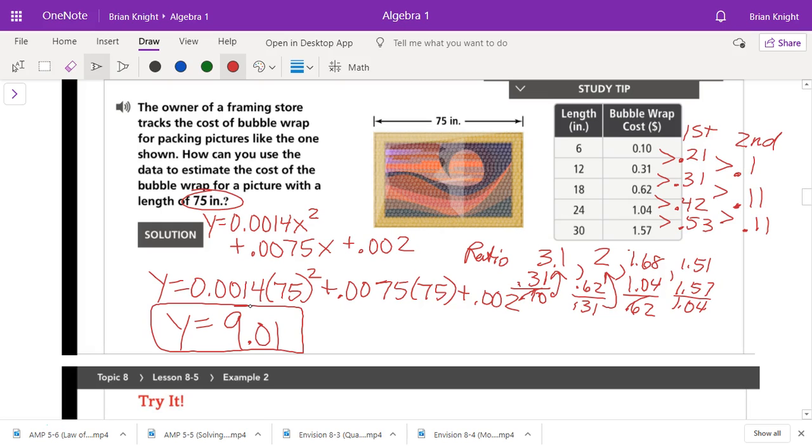I got 8.443. Huh? How bad did we round? Did we round a bunch? In the book, they didn't round at all. I don't think we rounded.